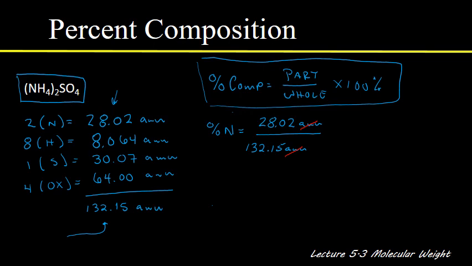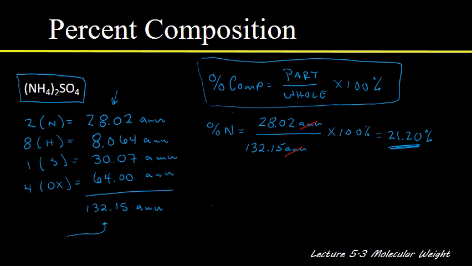Percentages are always unitless, and so you've always got to have the same units in the numerator and the denominator. All right, so we got 28.02 divided by 132.15. Like I said, if we do the math at that point, that'll give us a decimal number. So we'll take that and we'll also multiply by 100%, which moves the decimal over a couple spots. And when we do that, we get 21.20%.